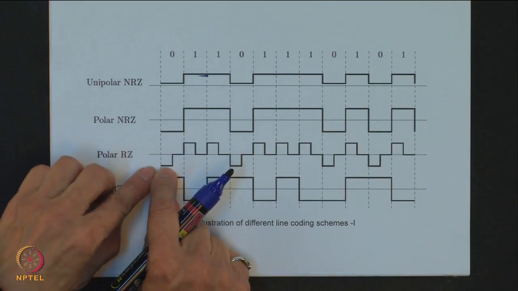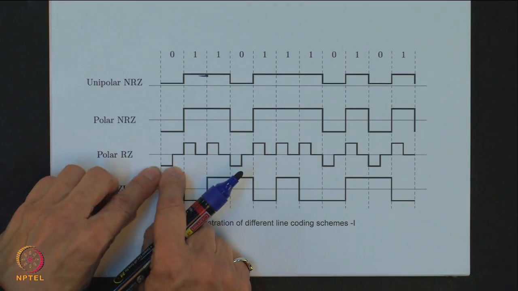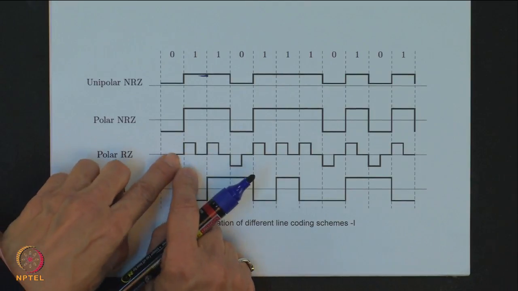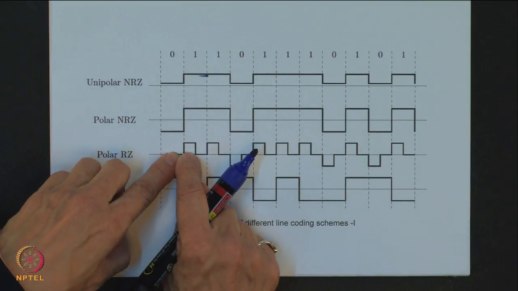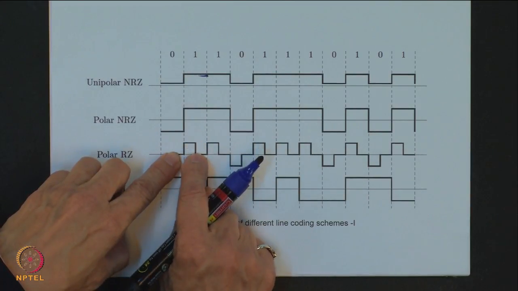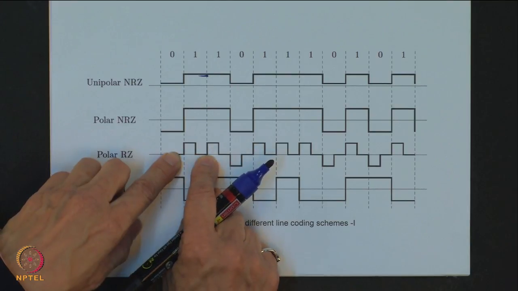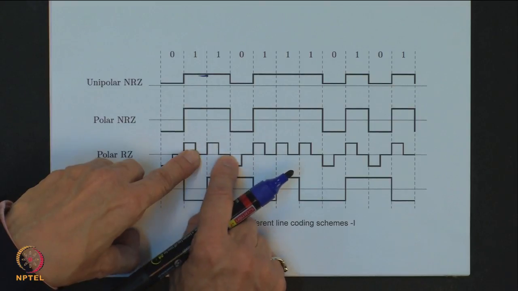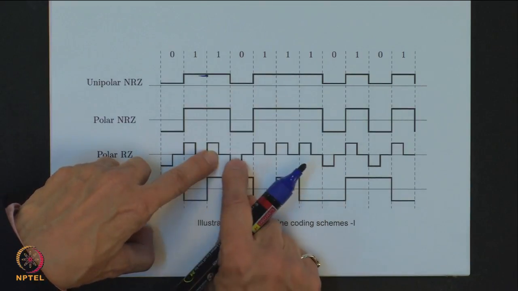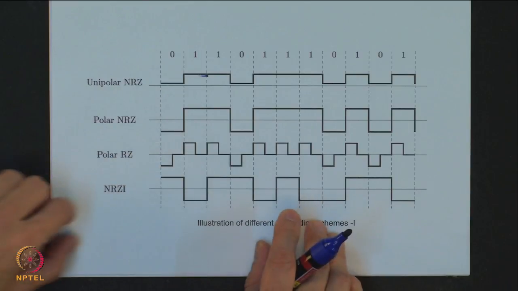So, what happens that the pulse exists only for the half duration and then it goes back to 0, and then when it comes to 1, it is a positive pulse, but will exist only for half the duration and it will go to 0, and then for 1 I have positive pulse and then again it goes to 0. Then for the negative, similarly I repeat.